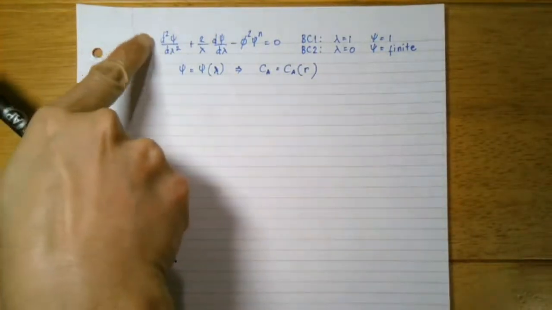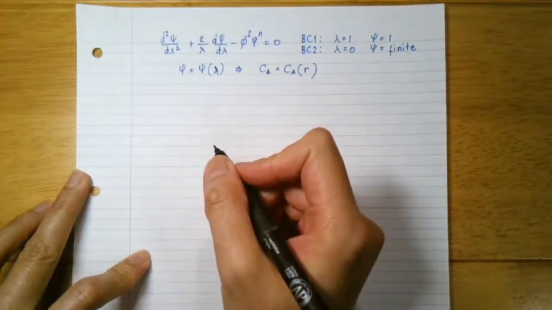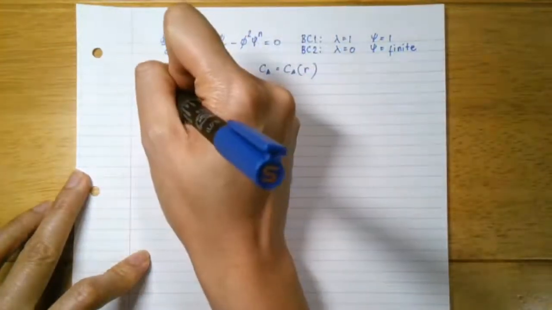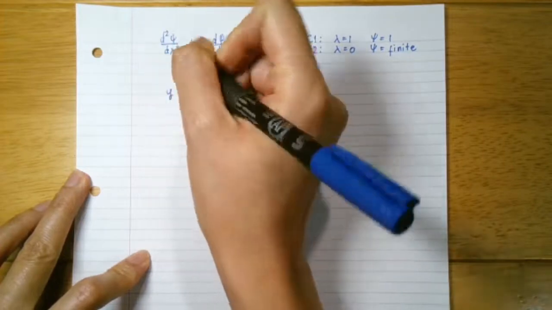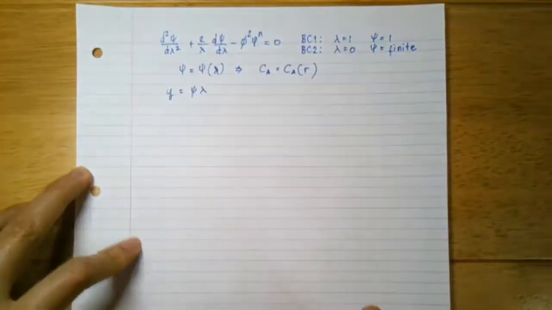To solve this, we need to transform it into a simpler form, and we can use this transformation to do that. So y equal to psi times lambda.